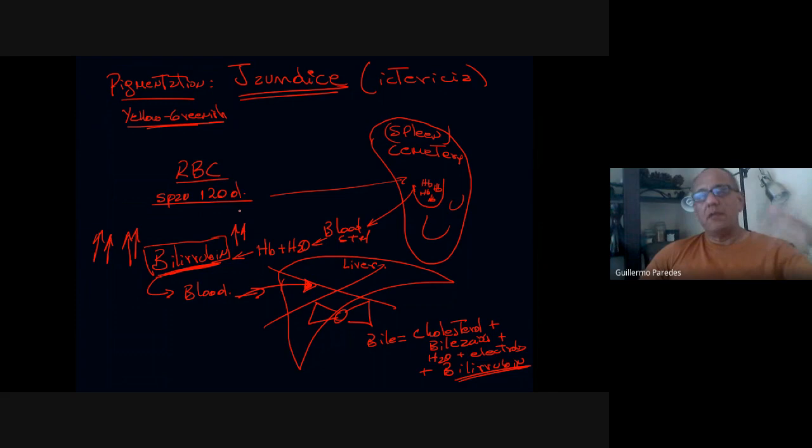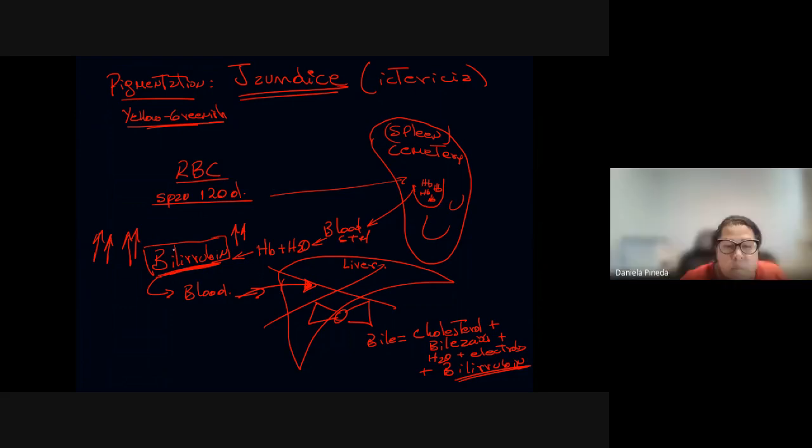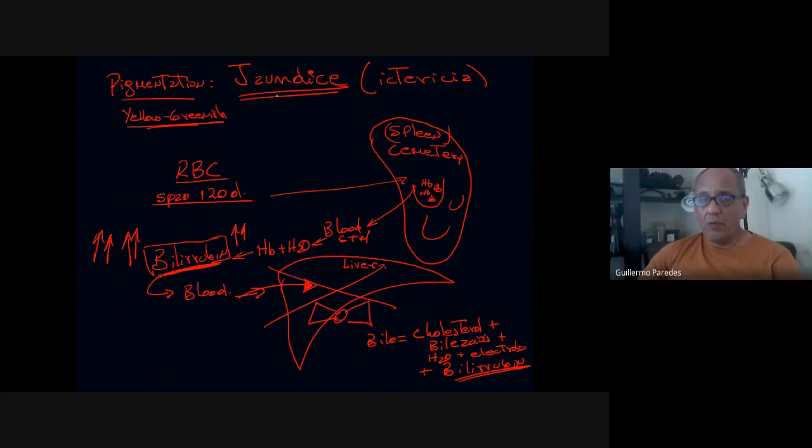I mean, the spleen, the kidney, the nervous system. In excess, they are going to start having pigmentation of the sclera of the eye, and that is going to be called jaundice.